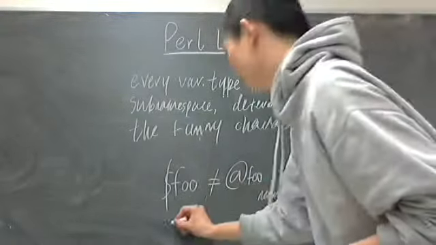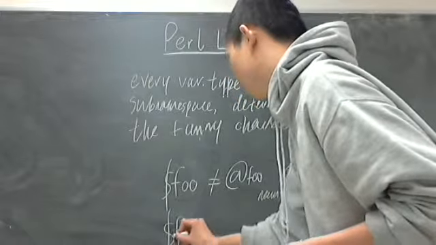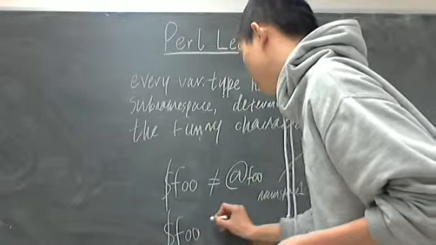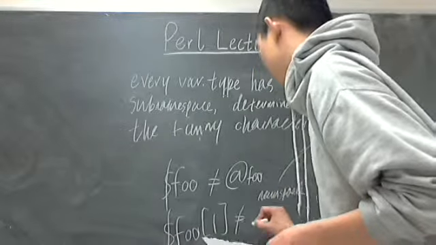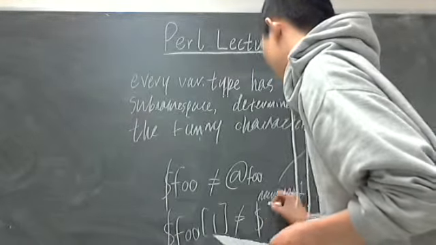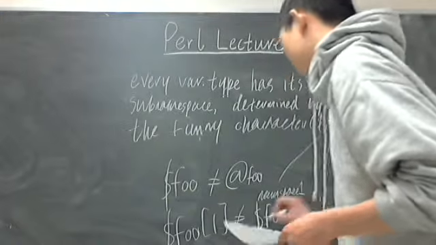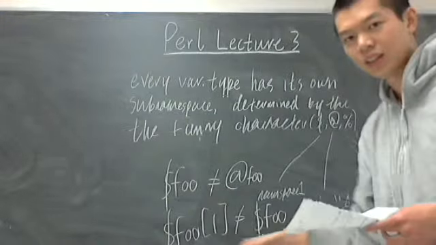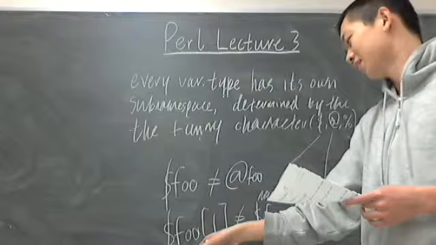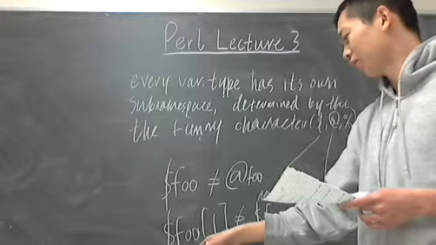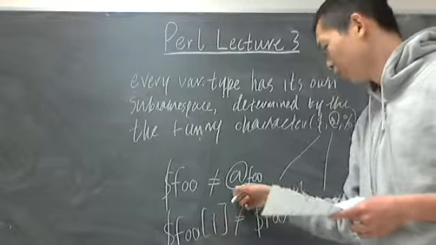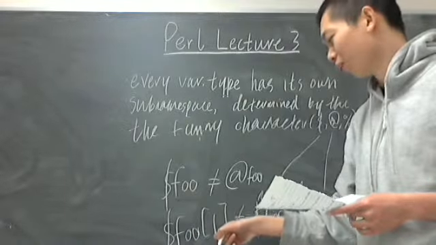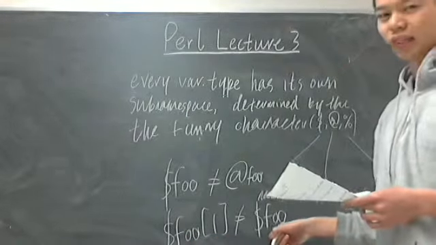Same thing. Here's another example. Those two are different too. This is saying you want to get the value in the array foo indexed at number 1, while this is just a plain old scalar.